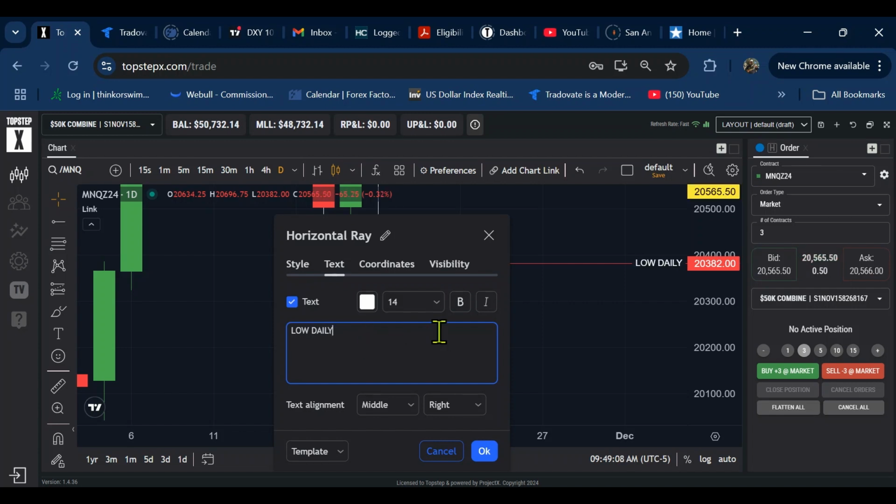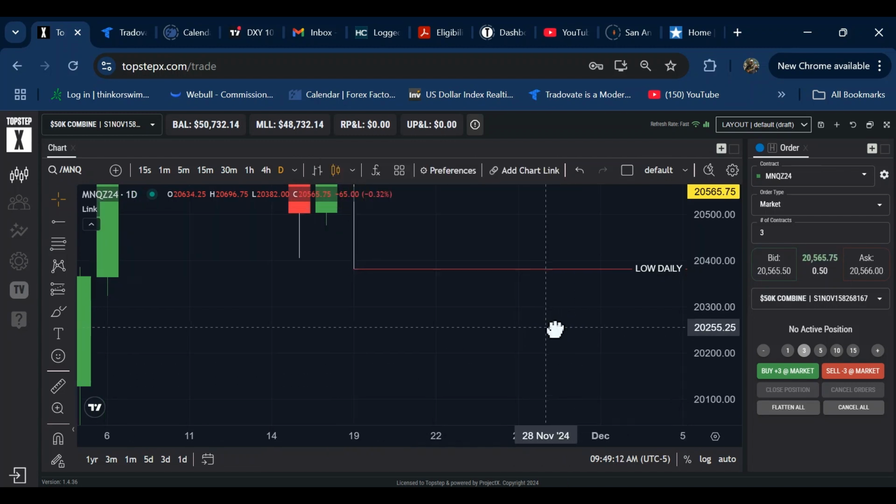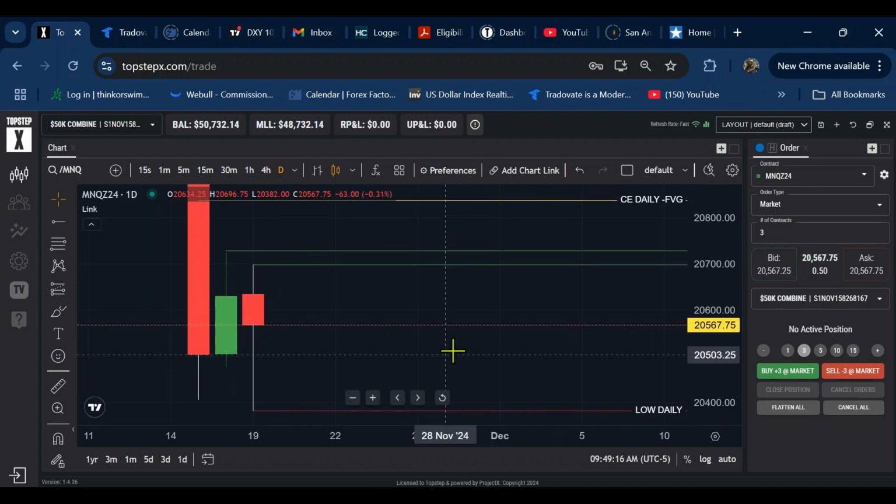Depending on when I go to the next screen, will be what I change that to. This will be high of the day.